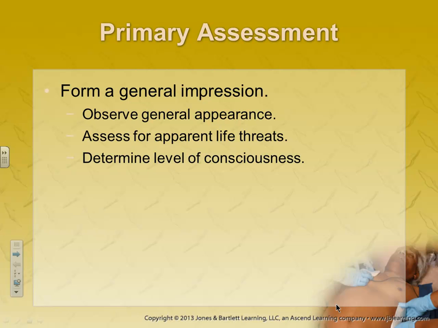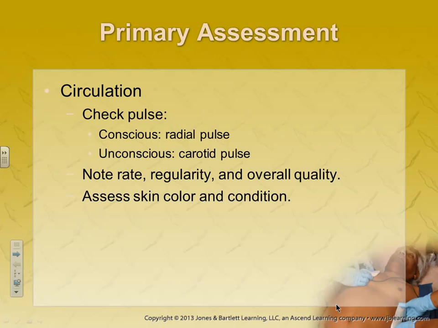And then of course, determine level of consciousness. If they're responsive, we're going to check a radial pulse. Unresponsive, we're going to check a carotid pulse. Now, here's the thing about a cardiac event. They may be responsive, but if their ticker isn't ticking right, they may not have a very good radial pulse.